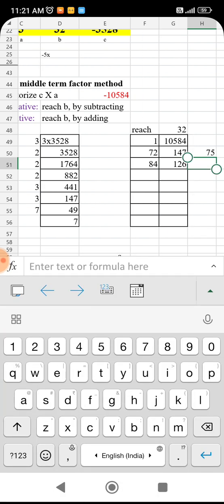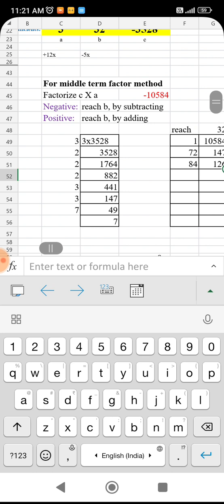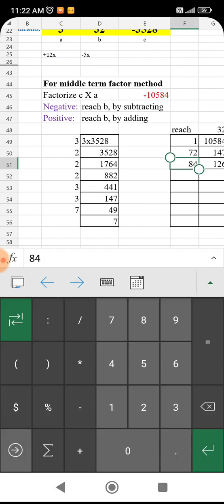Let's check, subtract these two values. We'll get 42. So that means we have to increase it a lot more. We have to multiply the values so that it becomes larger than 84. To get 84 we multiplied this 7 and this 4.